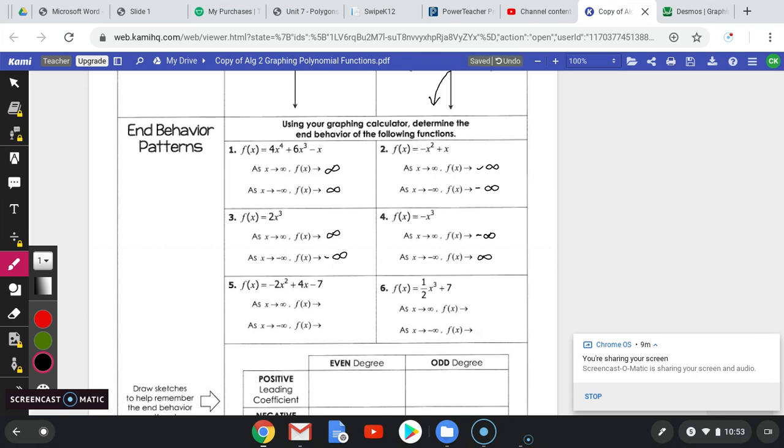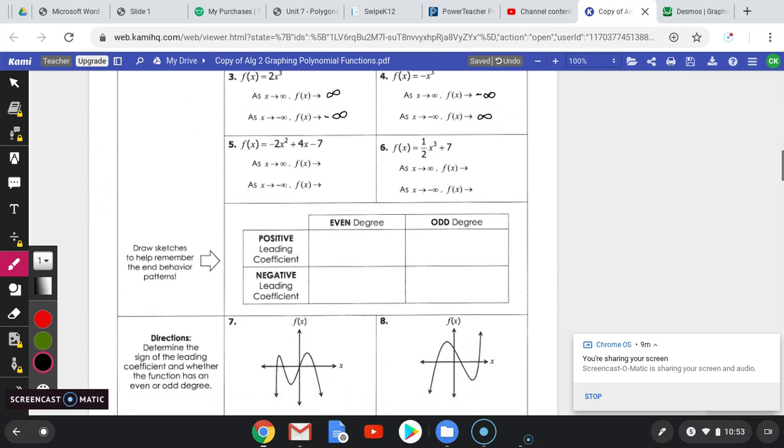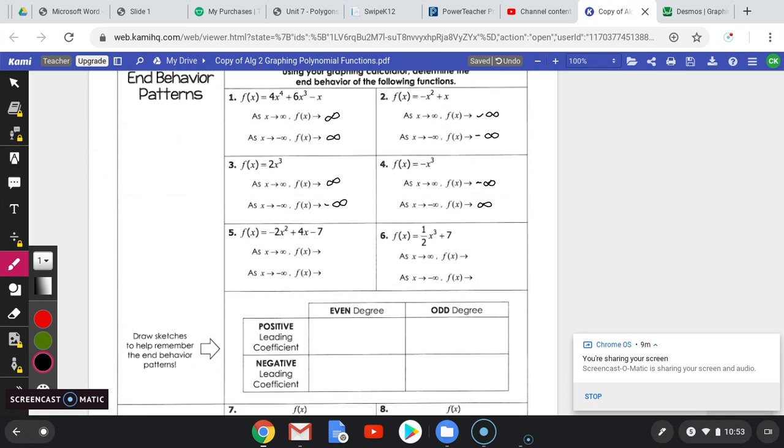And if I looked at 5 and 6, I have the same concept. So what really happens here? Well, looking at this chart here, these are the things that happen. If I have an even degree with a positive leading coefficient, I'm going to keep going up in both directions.